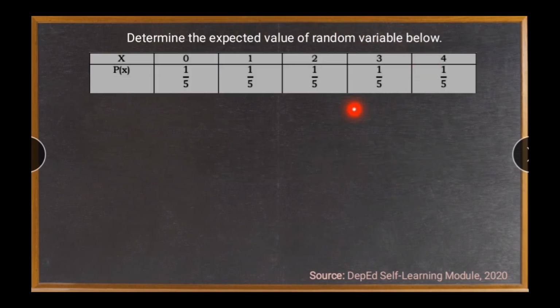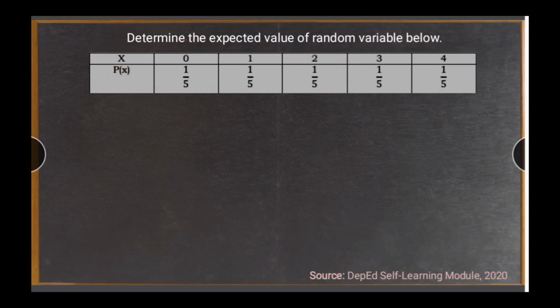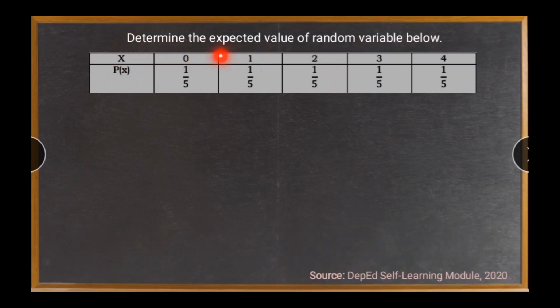Let's have now this one. We will consider again this, but this time we will determine the expected value first of the random variable below. So we will find out how to compute the mean. For the expected value, I'm going to include also notes here so that I can write some key points that you need to consider when dealing with expected value.